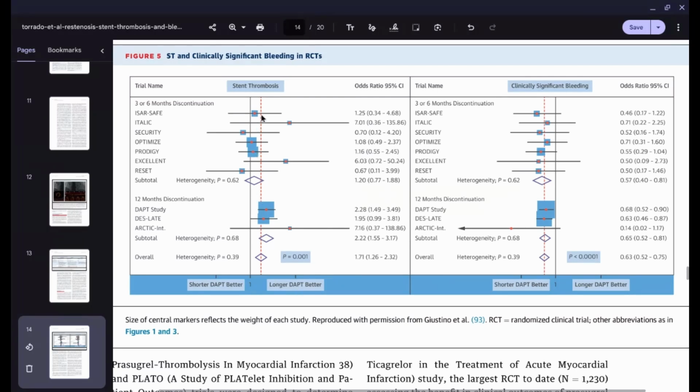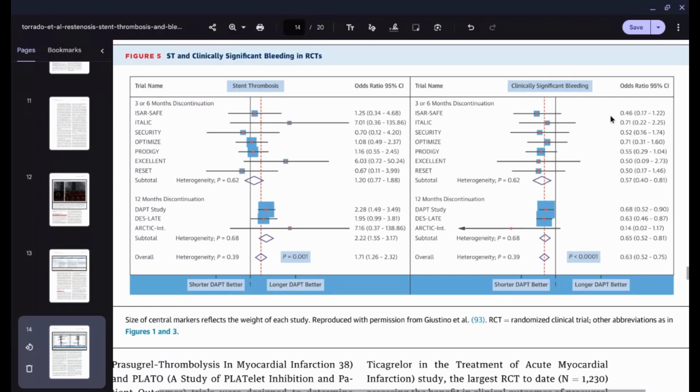If the odds ratio is 1, there is no difference. If it is greater than 1, there is a higher chance of that event happening. So here on the right hand side, mostly higher chances of stent thrombosis.